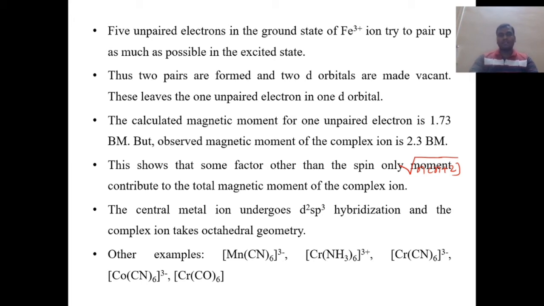These are some other examples in which d2sp3 hybridization takes place along with octahedral geometry. So that is how far we have seen d2sp3 hybridization.